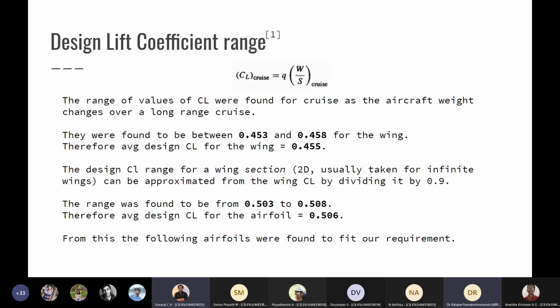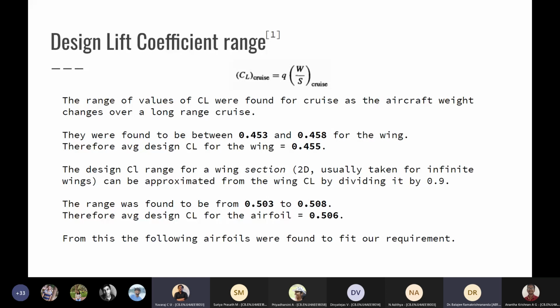How do you find this, Yuvraj? Using the formula that's mentioned there, sir. What is the formula? The coefficient of lift during the cruise is equal to Q, the dynamic pressure times... Can you explain a little bit more?